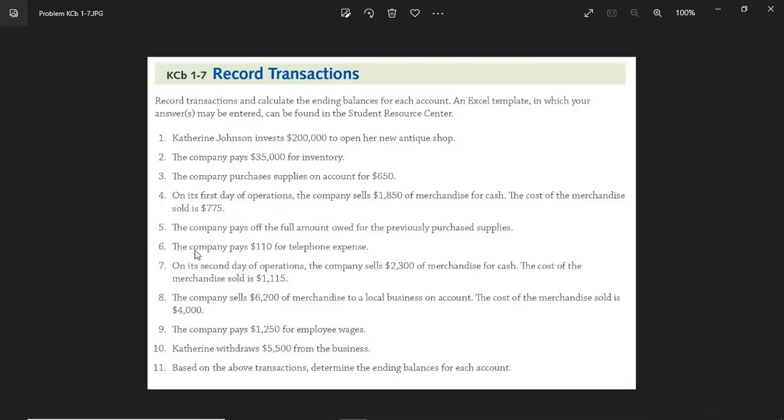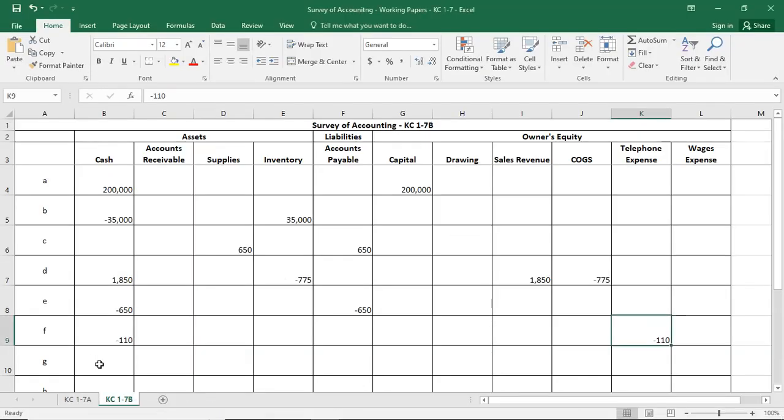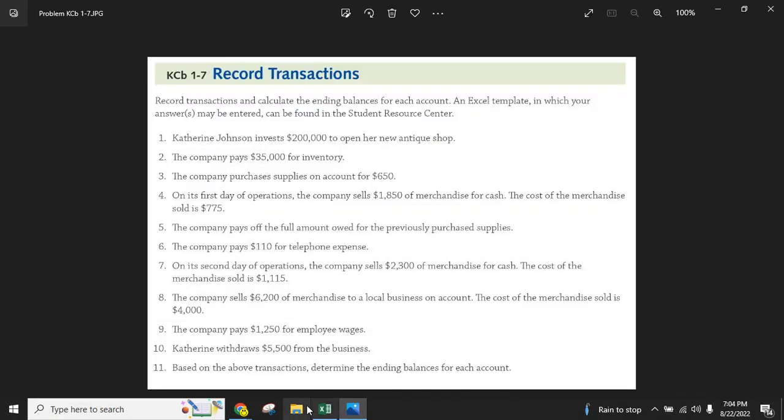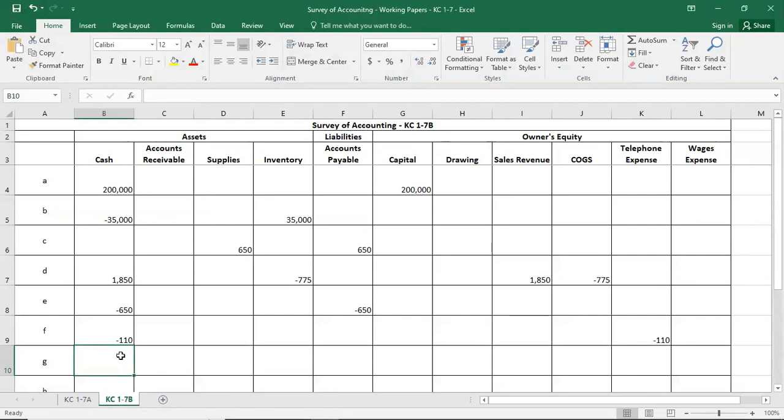Number 7 is similar to number 4. On the second day of operations, we sold $2,300 merchandise for cash. The cost is $1,115. Okay. So again, we received $2,300 in cash. So $2,300, and our sales revenue is also going to increase by $2,300.